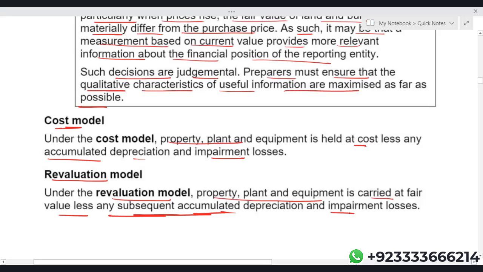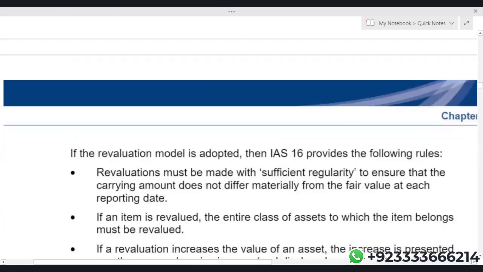Either your company is following the cost model or the revaluation model, make sure all assets that belong to the same class will follow the same model. In case of the cost model, all will have the cost model. In case of the revaluation model, all will have the revaluation model.